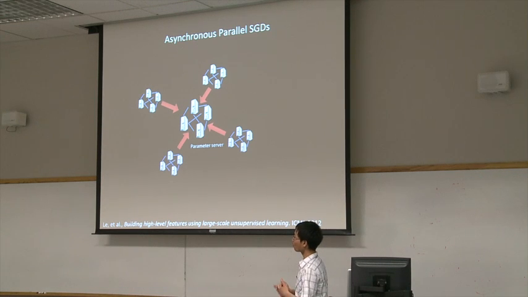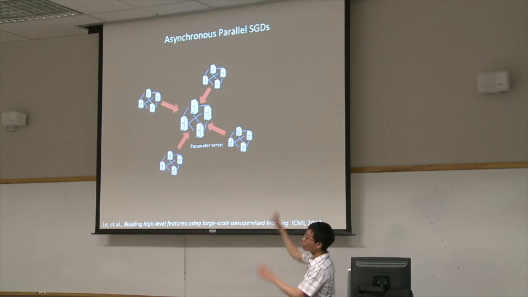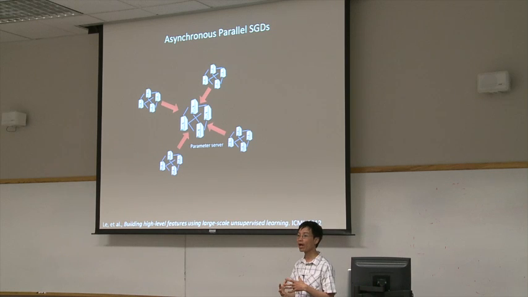When I say asynchronous, what I mean is that all these machines can run out of sync, entirely out of sync. For example, the parameter server doesn't care where the gradient comes from. If it receives a gradient, it will make an update to the parameters.